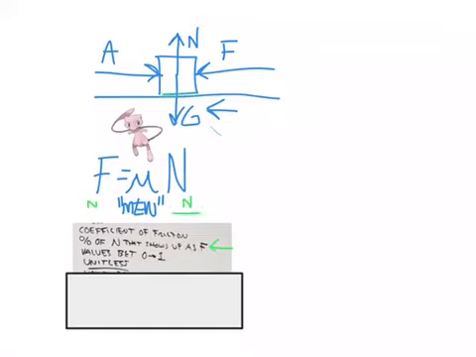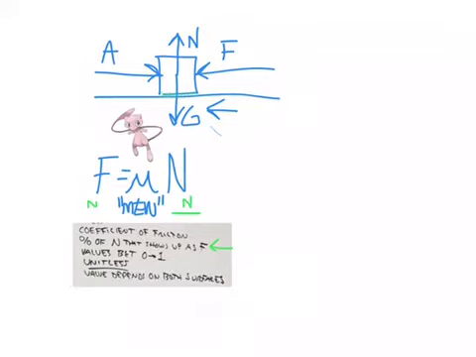There aren't any units with that. We already have nice balanced units. And lastly, the value of mu depends on both surfaces. When we look at the roughness between them, both surfaces are important in contributing to how much percentage of that normal force will show up as friction force.